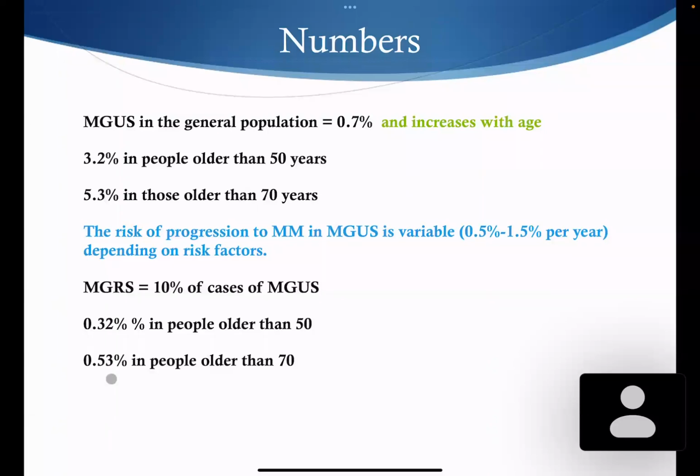So we do have a considerable number of patients: 0.53% of the general population more than 70 years having some sort of MGRS. So it's not very uncommon. And for those more than 50 years, again, 0.32%. So collectively, you're speaking about almost 1% of the general population having MGRS, which is a big number.